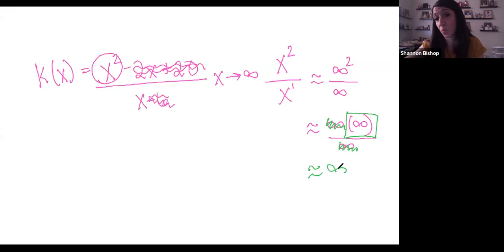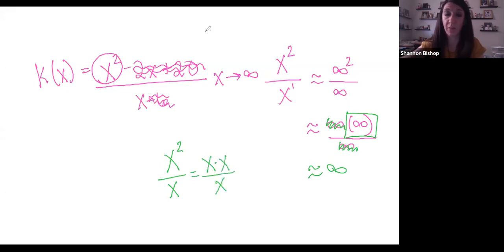Now let's think about it in terms of just the powers. So x squared over x, also known as x times x divided by x. In the same kind of reasoning, you can see that one of those x's can divide out, but the other one is still there.